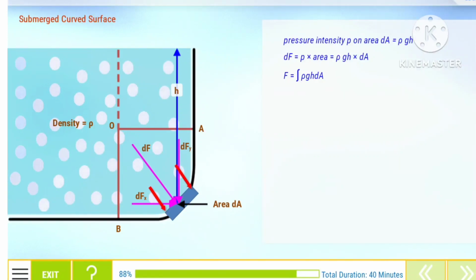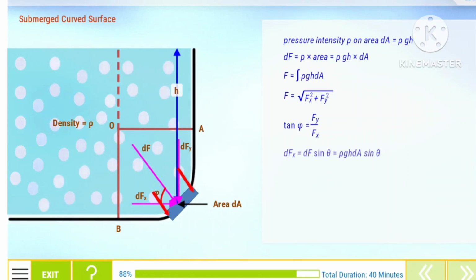Then, the total force on the curved surface F is equal to the square root of Fx squared plus Fy squared. The inclination of the resultant with the horizontal is tan phi, which is equal to Fy by Fx.